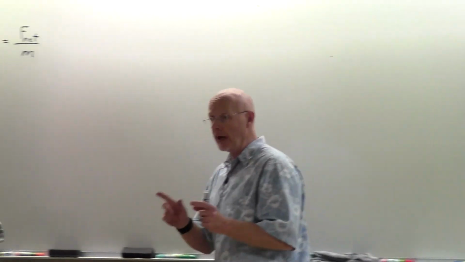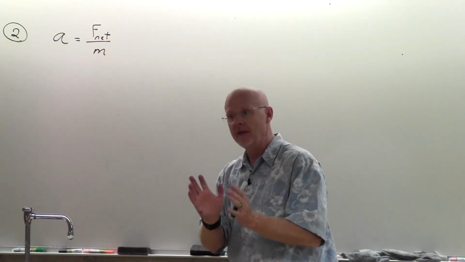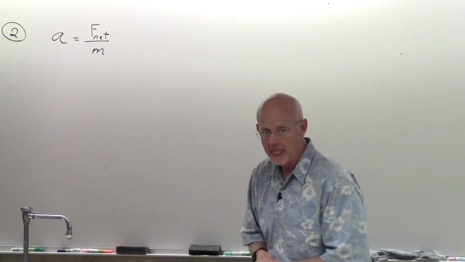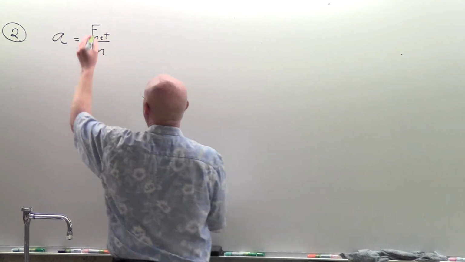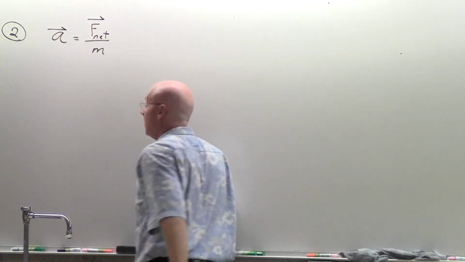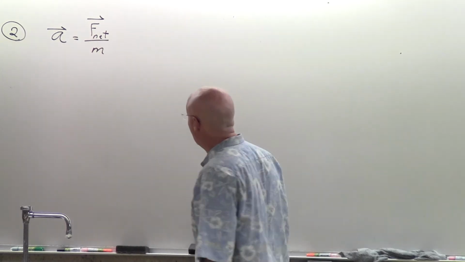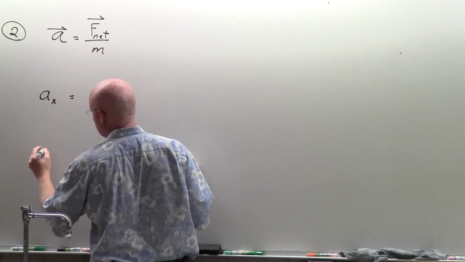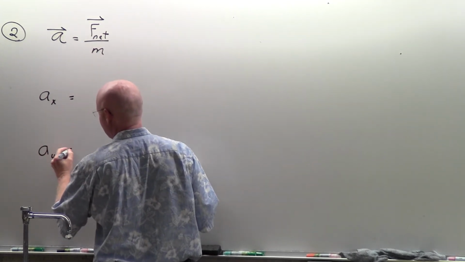Now, we're going to take this one step further than you did in your Physics 102. Aren't these vectors? And so I'm going to add to this equation by putting an arrowhead over it. And what I mean by that then is, wouldn't we have an acceleration in the x direction and an acceleration in the y direction?